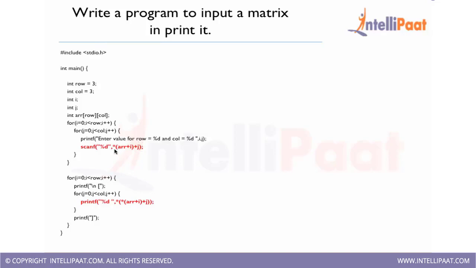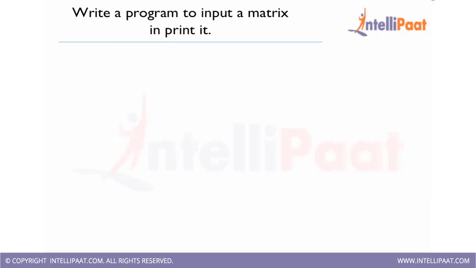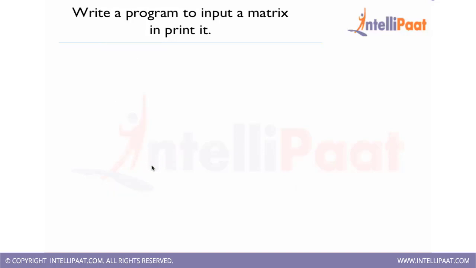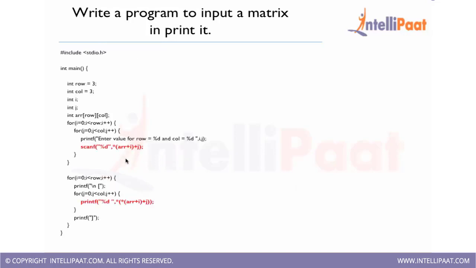So here we want to store at row i, column j. In this case we are not using pointers, we are using the normal approach. Here we are specifying the addresses explicitly.